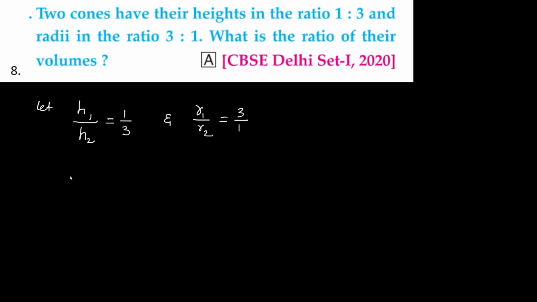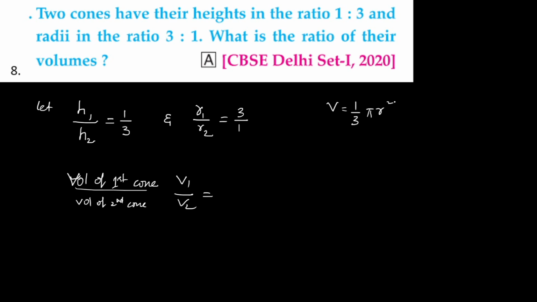Now let the volume of the first cone be V1 and the volume of the second cone be V2. We know the volume of cone formula is 1/3 pi r square h.